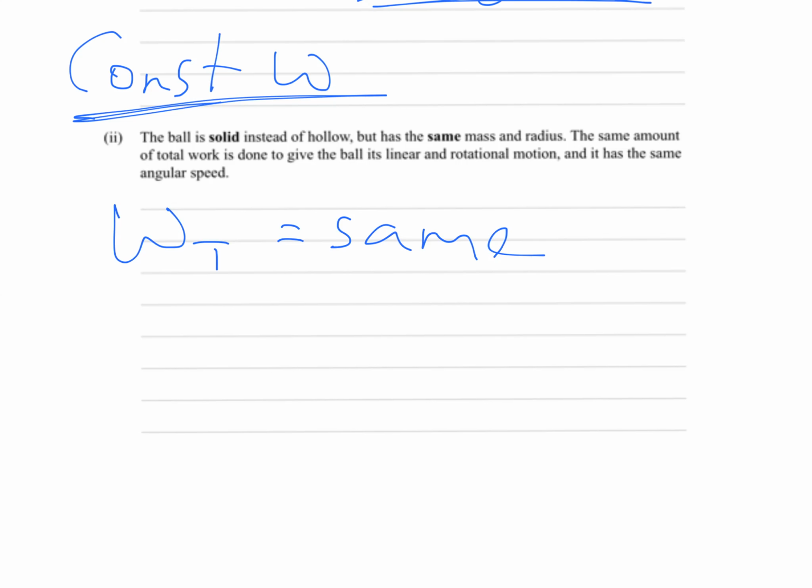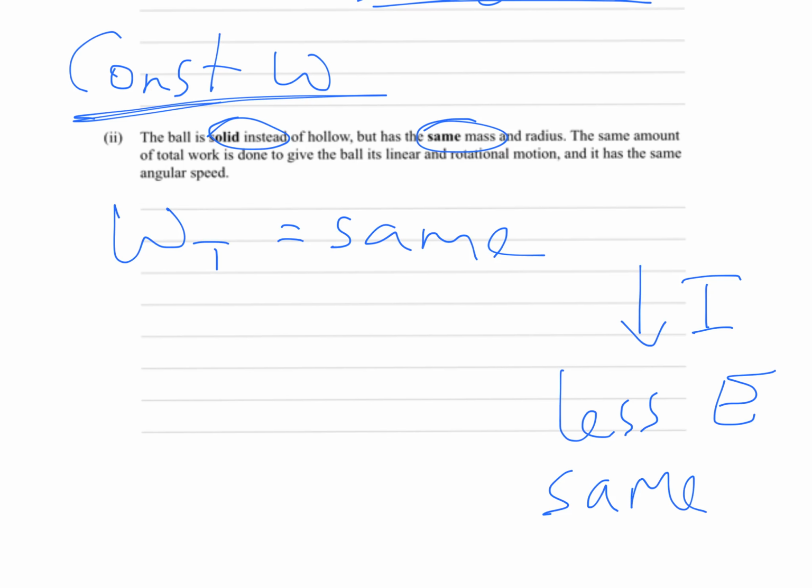So if you are giving a solid ball the same mass and radius, that's going to have a lower rotational inertia, which means it'll take less energy to give it the same angular velocity.